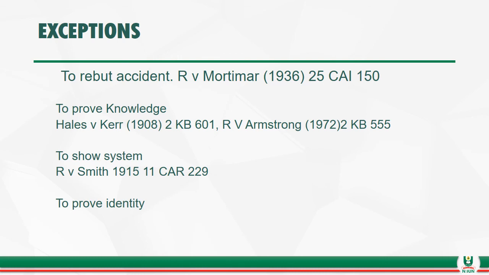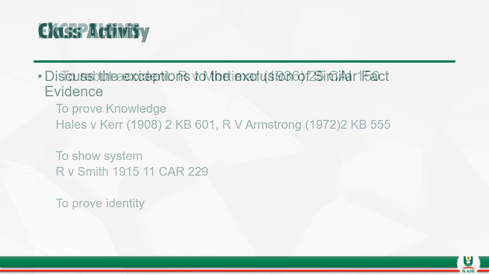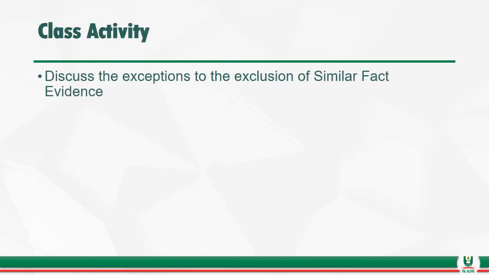It also helps to show system, a particular system of conduct. It helps to prove identity. In the next slide, you will be required to provide an answer to the class activity therein. Discuss the exceptions to the exclusion of similar fact evidence.